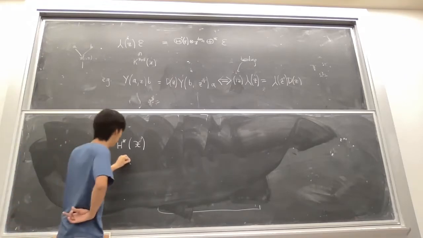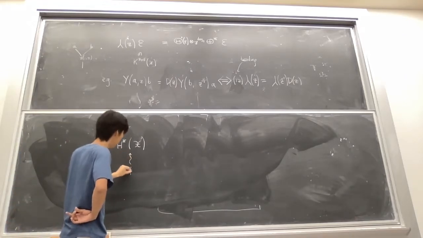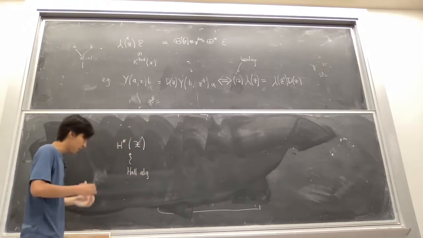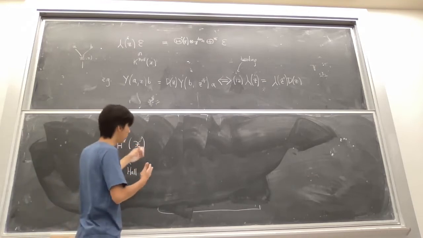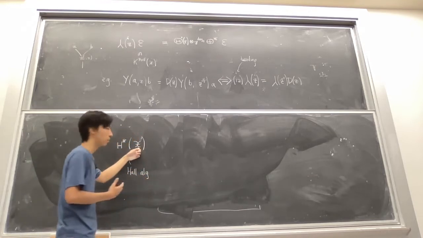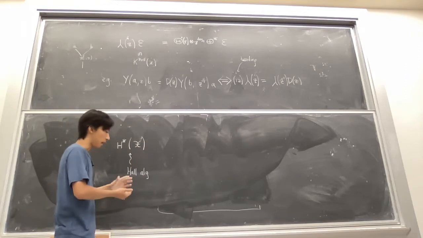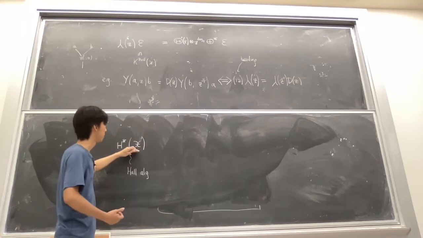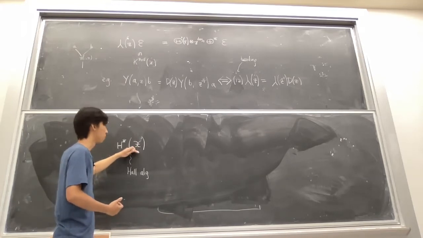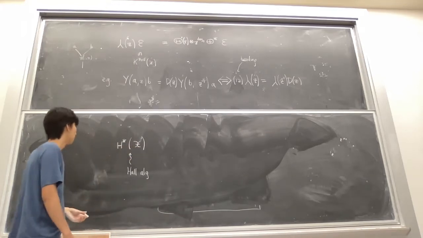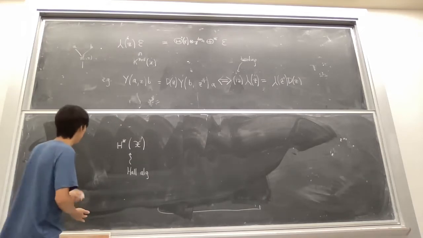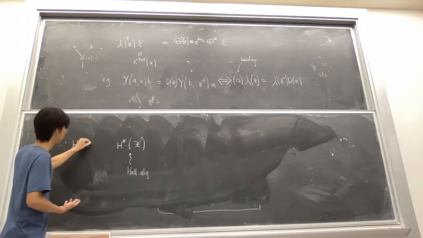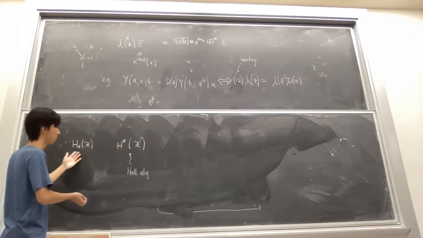Usually this object will be some kind of Hall algebra, in the sense that there will be some notion of a stack of extensions corresponding to X. And using convolution with respect to that, you can write down some kind of product on this ring, well, on this group. And so it's kind of natural to ask, if we have some structure on the homology of X, how this is going to interact with that.